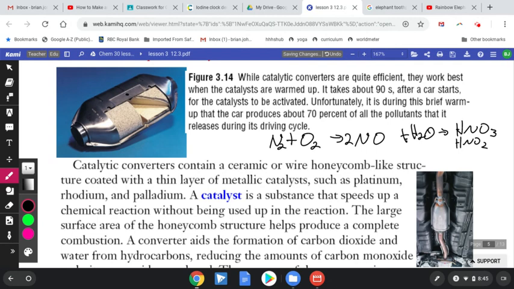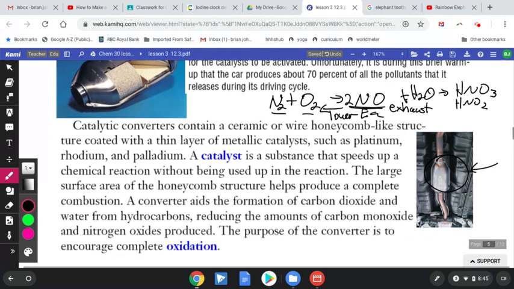So what a catalyst does is it lowers the activation energy for the reverse reaction, so that before the nitrogen monoxide leaves the exhaust, it is converted back into nitrogen and oxygen, decreasing the effect of acid rain. So every car manufacturer today is supposed to have one of these in the exhaust system to reverse that reaction and decrease the acid rain forming gases.